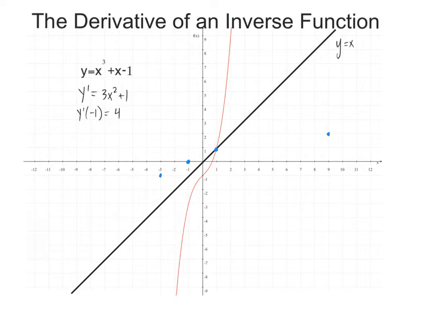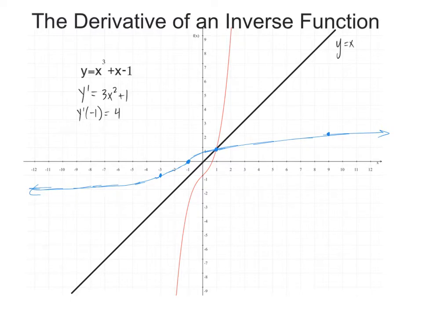Basically, any point on the red line, we can mirror image over the line y equals x and find its counterpart on the other end. So that blue line right there represents the inverse of the function. It's a mirror image over this 45-degree angle y equals x.